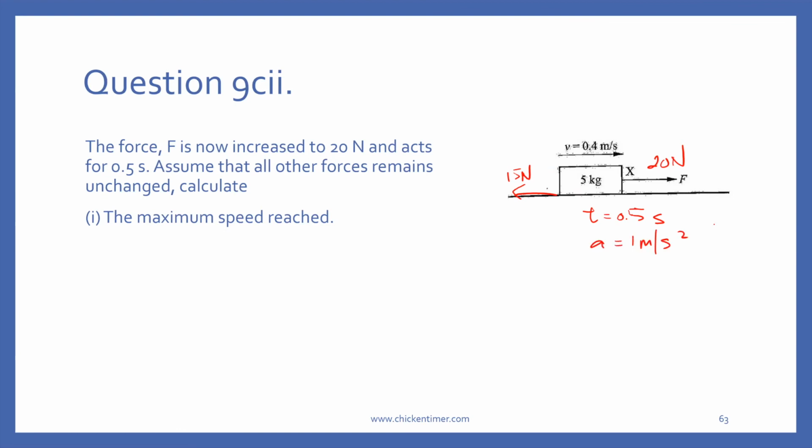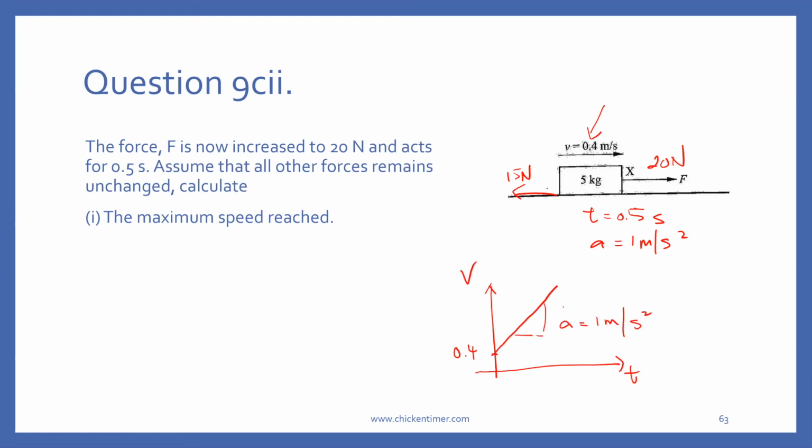If you have a problem with finding the maximum speed, you can just draw a graph. So the speed starts from 0.4, then it accelerates at 1 meter per second squared.